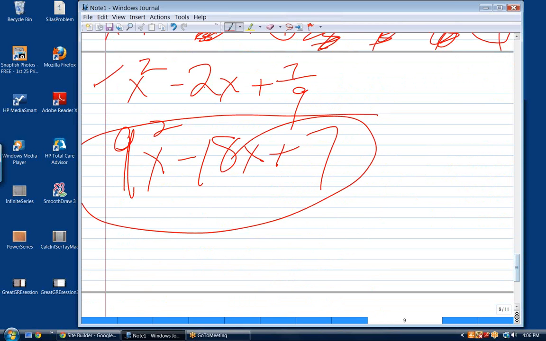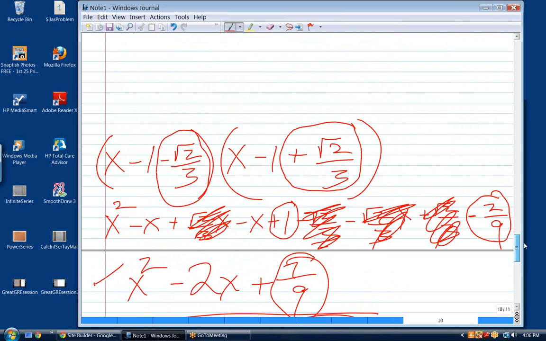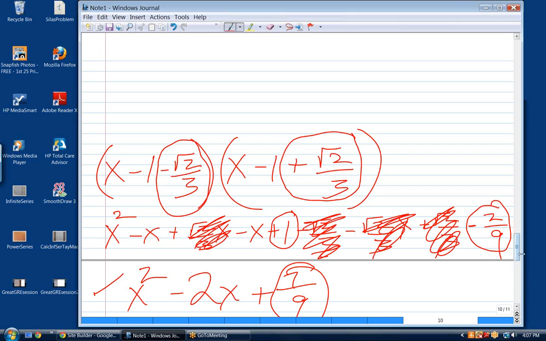I can see how you can multiply both sides by 9 to get rid of this fraction, but I get minus 18x when I do that. It's possible that I made a math error in doing this, although I sure can't see where it is. I don't know.